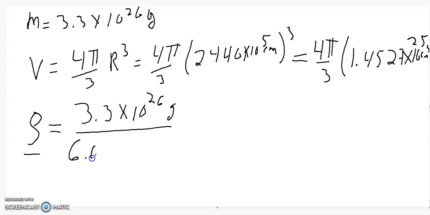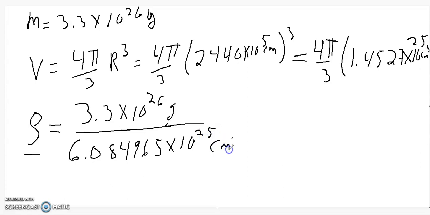Anyhow, I'll just put a few of these digits: 0.84965, and there's more digits after that, but times 10 to the 25th, and that's of course in centimeters cubed.